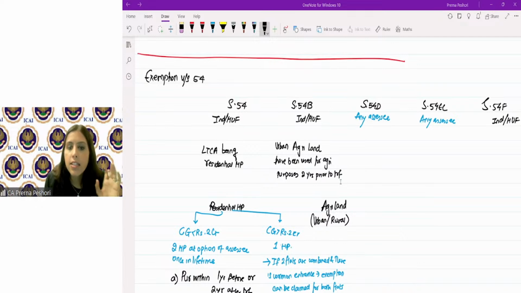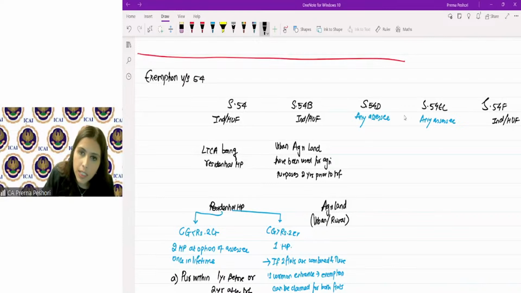Okay. Next is section 54D. 54D is, again here it is any assessee and not individual or HUF. Unlike 54 and 54B, it is here any assessee. Now, what is the asset that has to be transferred over here?